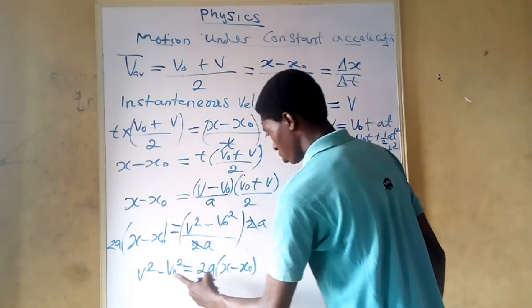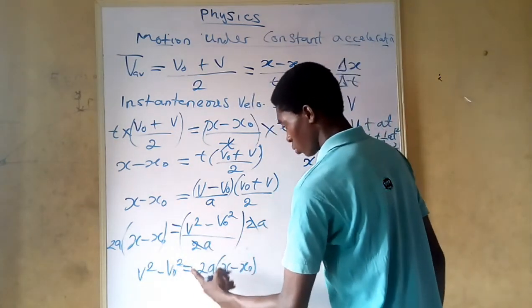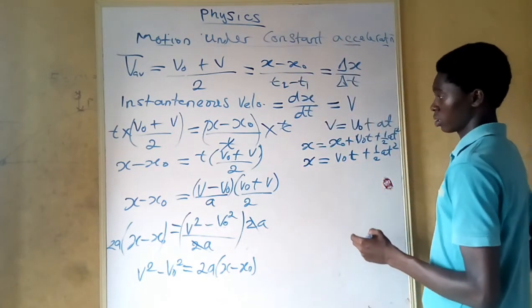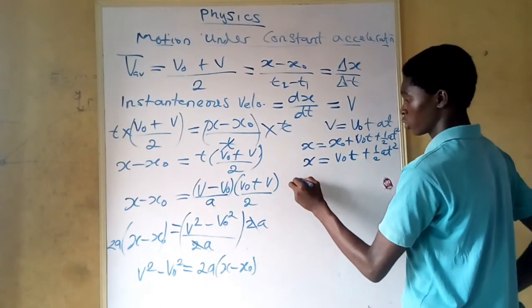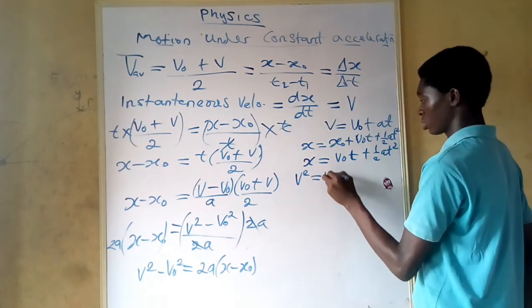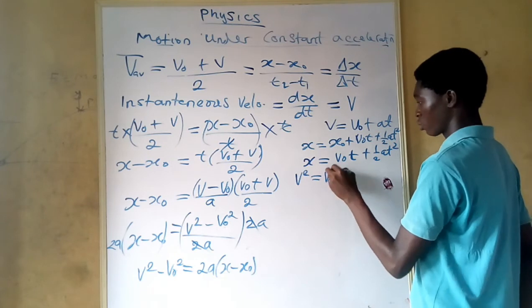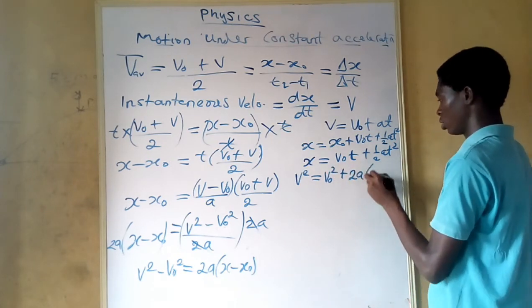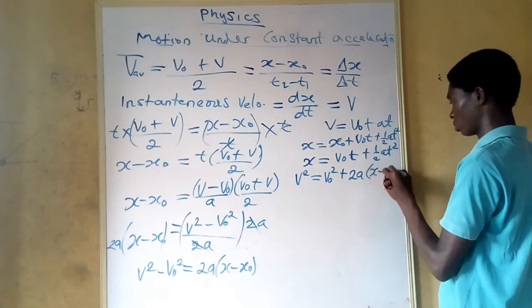If we make V squared the subject of the formula, we have the final equation of motion, which says that V squared equals V naught squared plus 2a into x minus x naught.